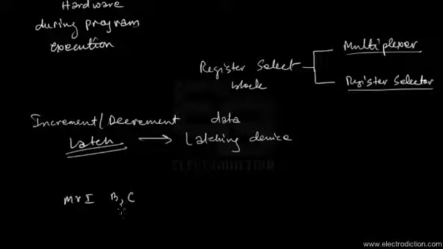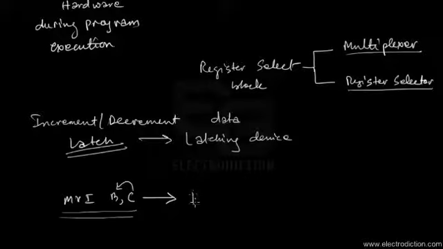Now, using this particular instruction, you want to transfer 8-bit data from register C into register B. Now, how would the 8085 understand? Whenever you're writing a program, you remember that while entering it into your trainer kit, you do not send the instructions directly, but you convert them into their hex code.